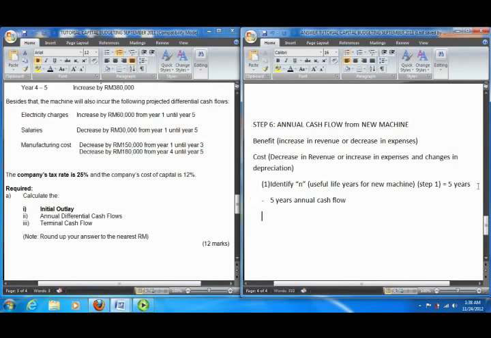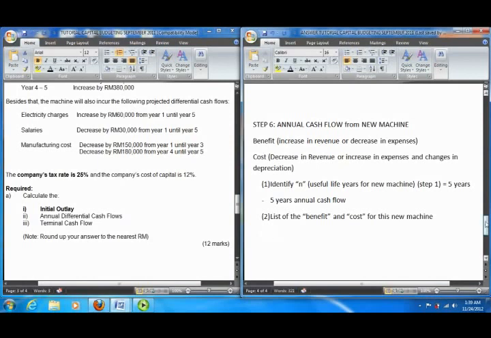Alright. So second, construct a table. Okay, list of the benefit and cost for this new machine.